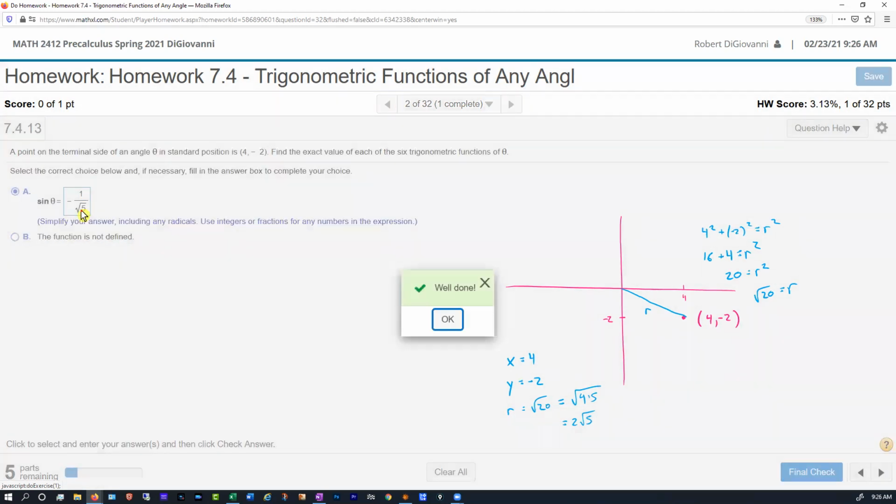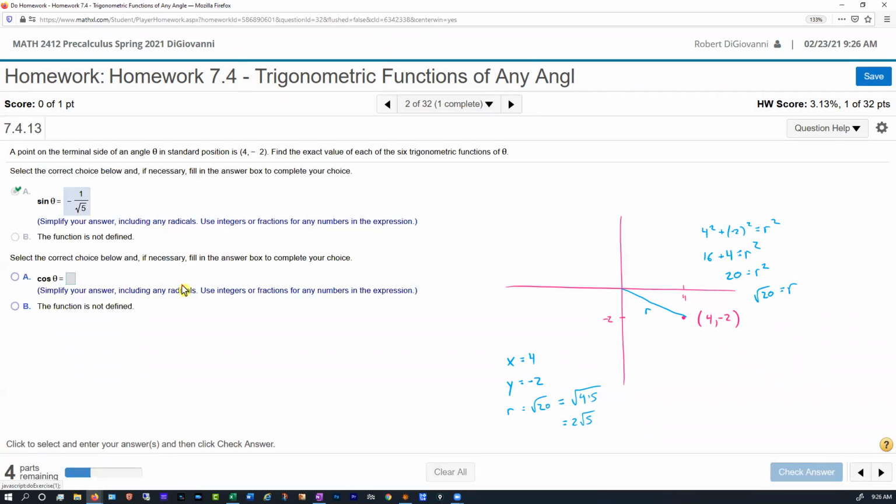Okay, so they wanted me to reduce the fraction. Wonderful. Okay, cosine will be the x coordinate over the r, so 4 over 2 root 5, and then 2 goes in here once, 2 goes in here twice. So we should get 2 over root 5.